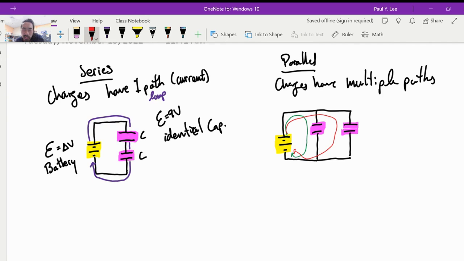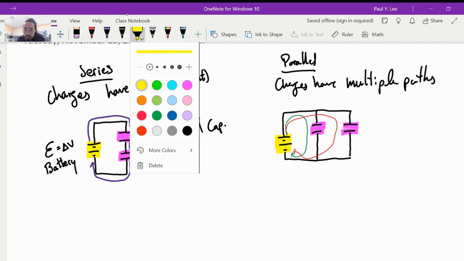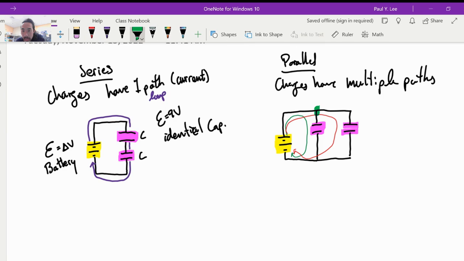I don't like using the word decision, because charges don't really think, they just do whatever they do. It happens at this junction, or it could be a disjunction, depending on how you're viewing the flow of charge. Whenever there's a junction or a split in the wires, that's where the paths go from one path to multiple paths. These are what parallel capacitors will look like.